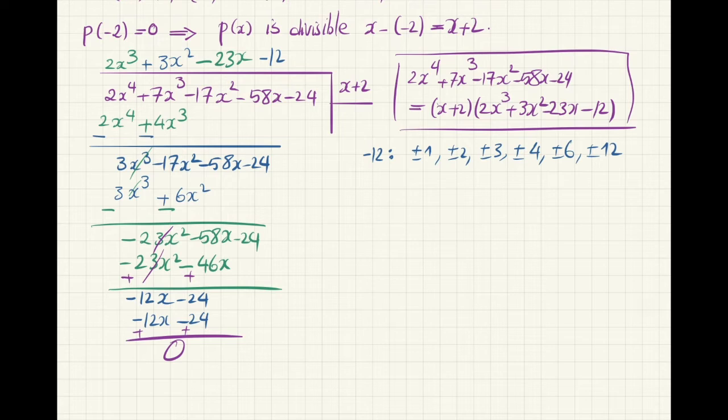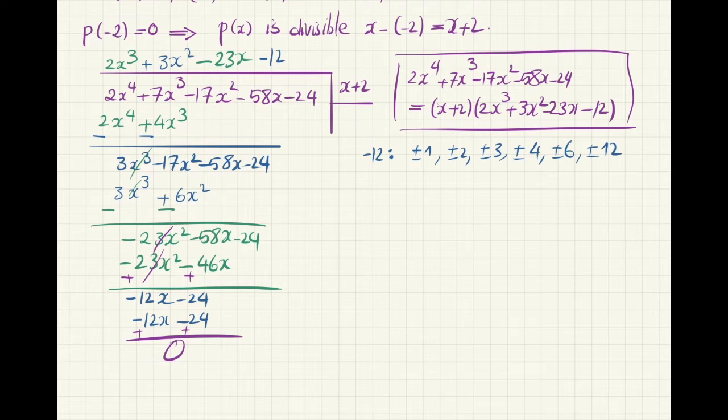For example, 1 and minus 1 are clear. If I put 1 instead of x everywhere, it's clearly not equal to 0. If I put minus 1, again this is not 0. You see, this becomes positive 23. This is not 0 again.